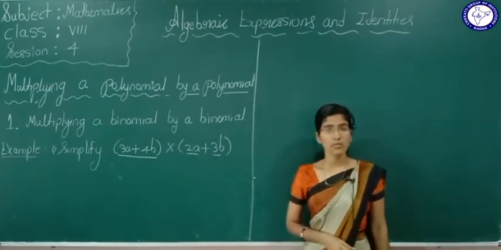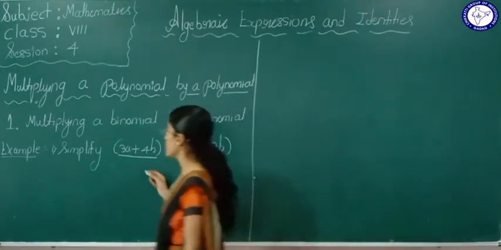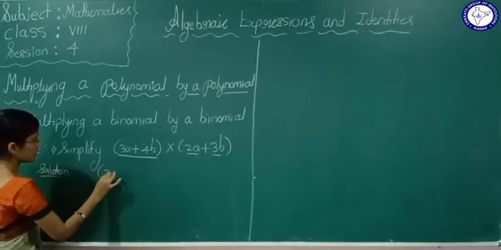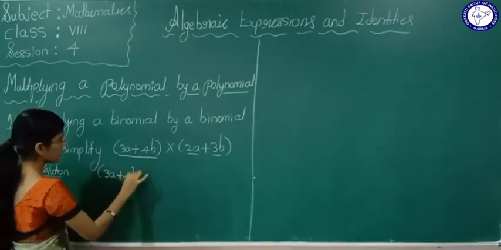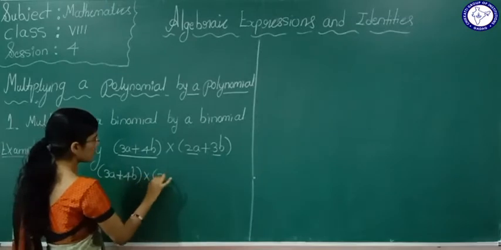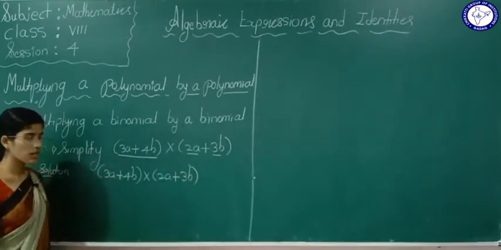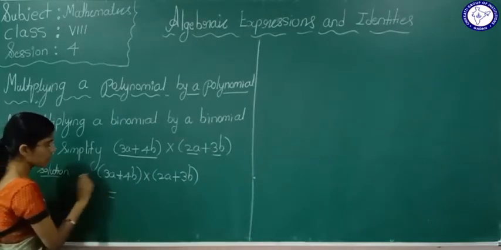Now see how to multiply this. Now see, students, how to multiply it, explained here. Solution. So the given thing I will consider: 3a plus 4b multiplied by 2a plus 3b. Okay. Now how to multiply here?